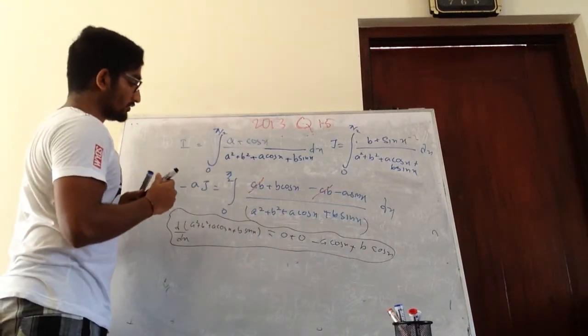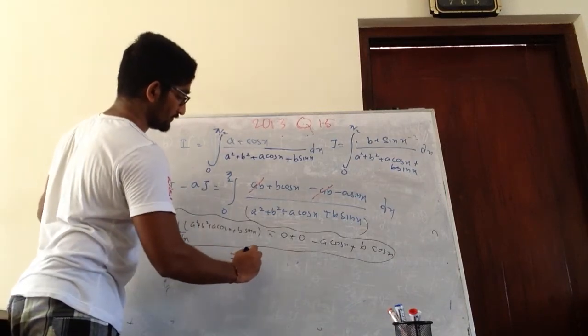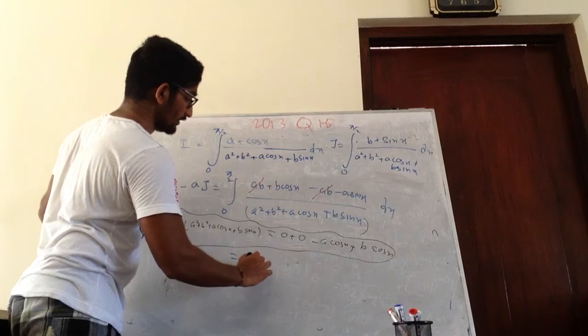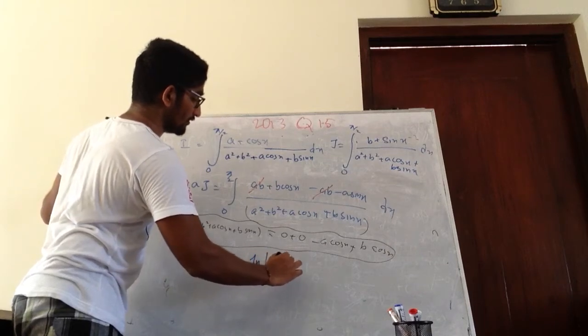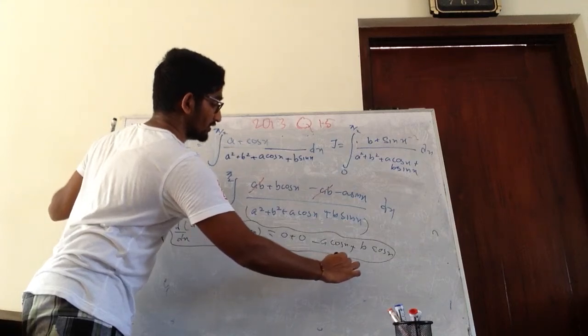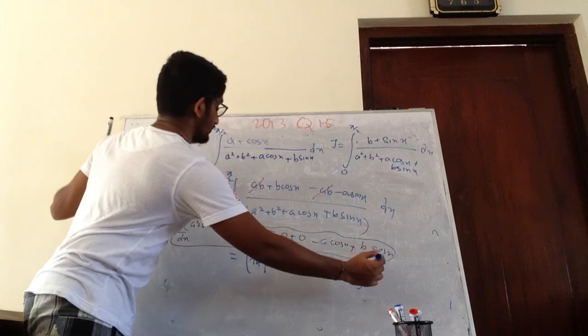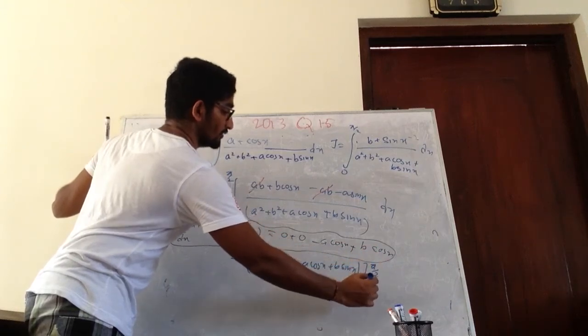This is basically that. That means you will get ln of a cos x plus b sin x plus a squared plus b squared, from 0 to 5π/2.